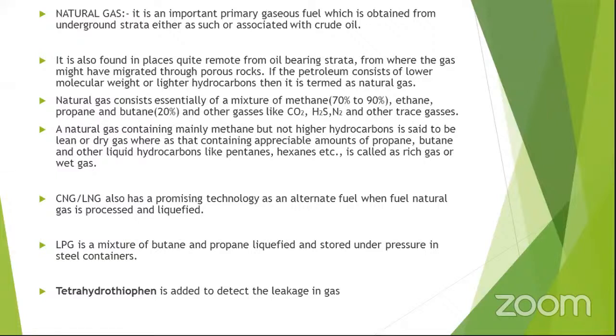A natural gas containing mainly methane but not higher hydrocarbons is said to be lean or dry gas. Whereas if it contains appreciable amounts of ethane, propane, butane, and other liquid hydrocarbons, it is called rich gas.